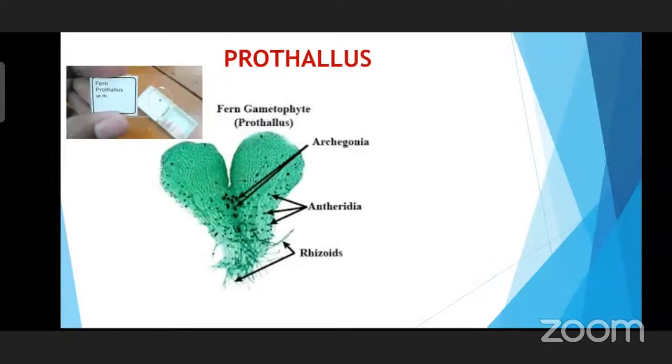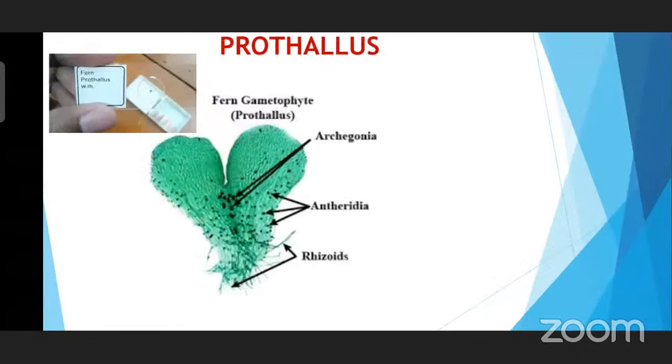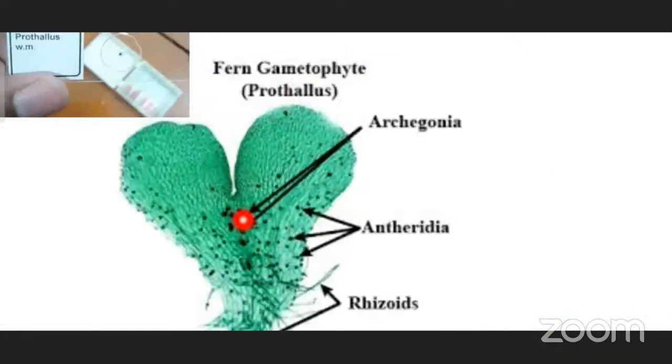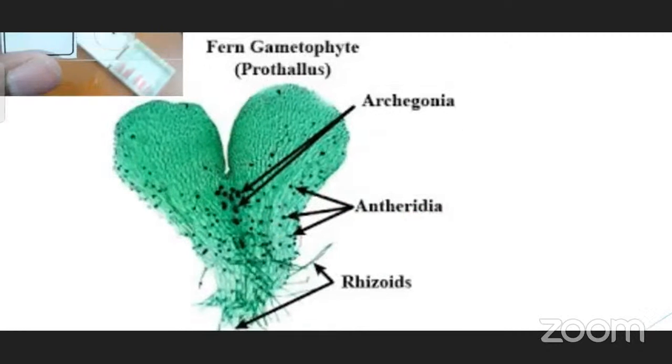If you examine the fern gametophyte, this prothallus is heart shaped, and you can see clearly how the archegonia, the female reproductive structure, is present below the notch, and how the antheridia is a male reproductive sex organ, and you can also see the unicellular rhizoids.